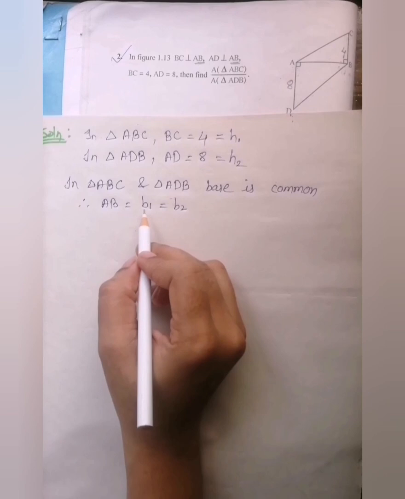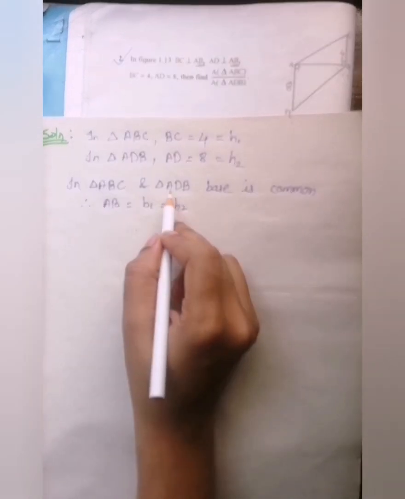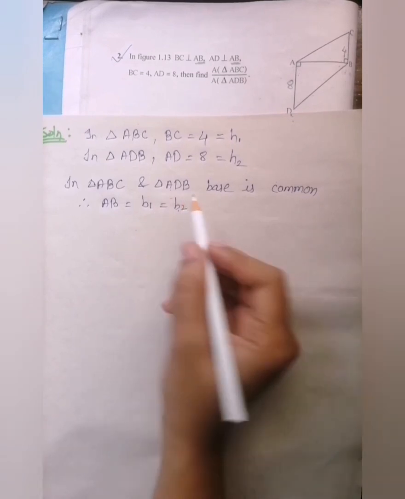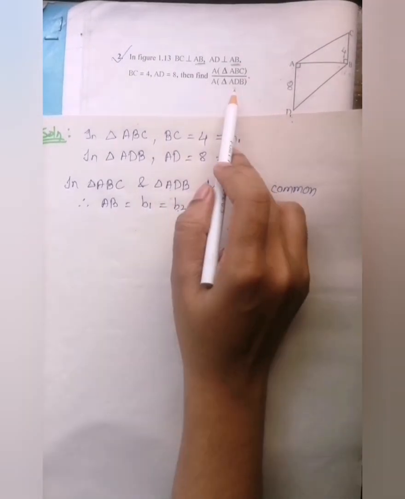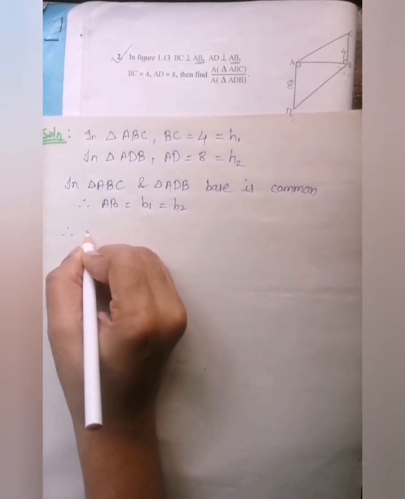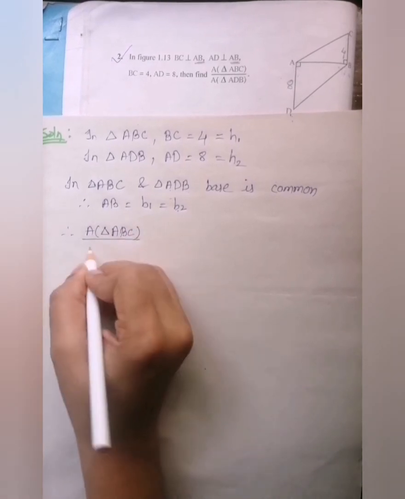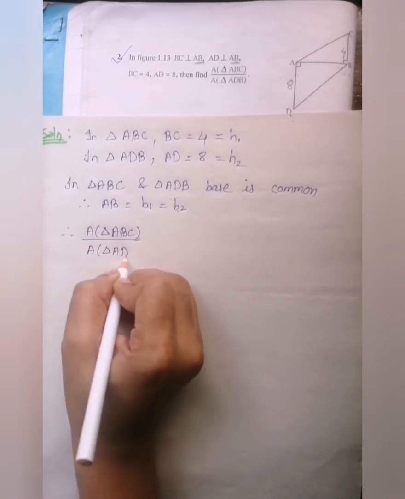These are the same, so we write AB equals B1 for ABC, and B2 for ADB. Now we find their ratio. So write down, therefore, area of triangle ABC upon area of triangle ADB.